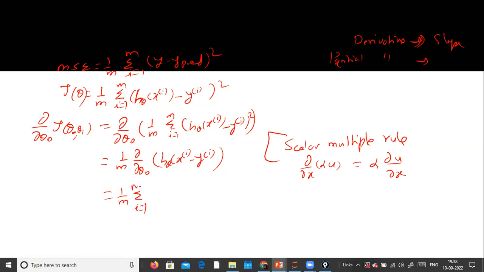1 by m, sum from i equal to 1 to m, and here we have the squared term. The 2 will come in front: 2 into h theta of x i minus y i, into dou by dou theta naught of h theta of x i minus y i.